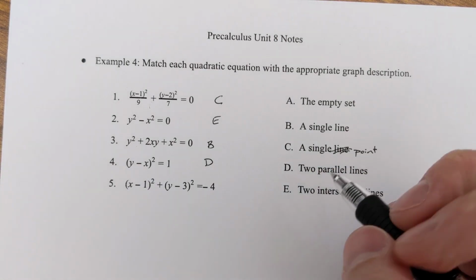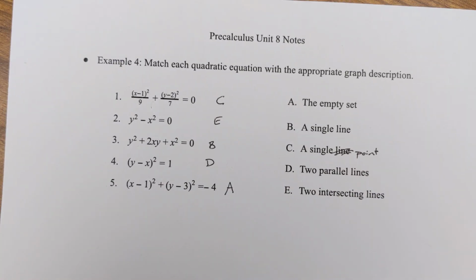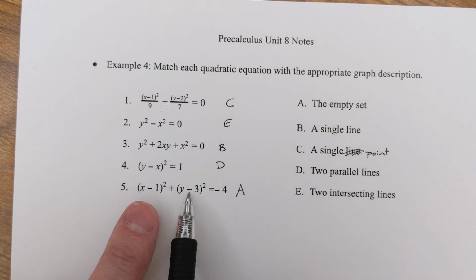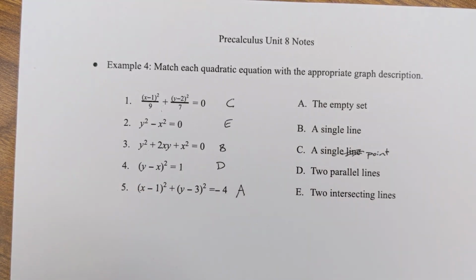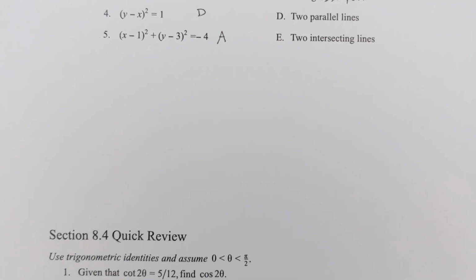And which means the last one has to be A, the empty set. The reason that one is an empty set is that when these are squares and they sum, the squares are always positive, they cannot add up to a negative number, which means there is no solution that works. And that is the end of the section.